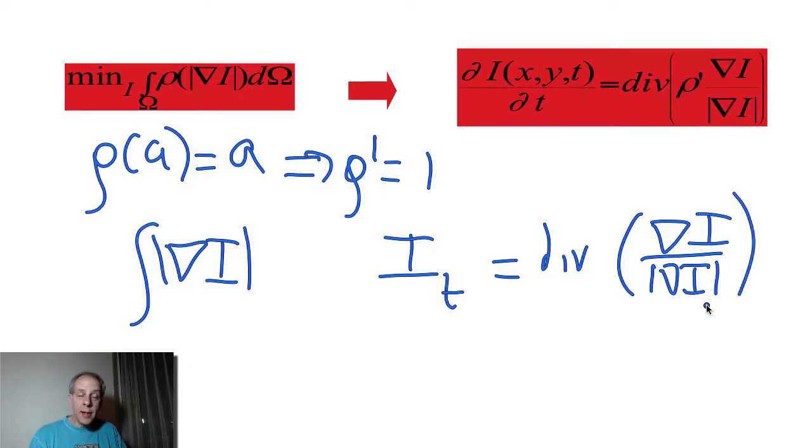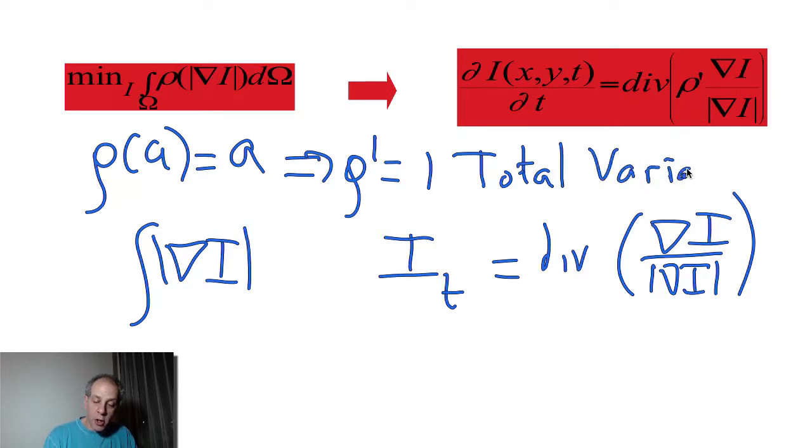So I don't get the heat flow anymore. I get this normalization factor that is saying, wait a second, if the gradient is very high, you are 1 over the gradient, so slow down and try to preserve those edges. So this is one example of anisotropic diffusion. It's actually called the total variation. That's basically the name of this equation.